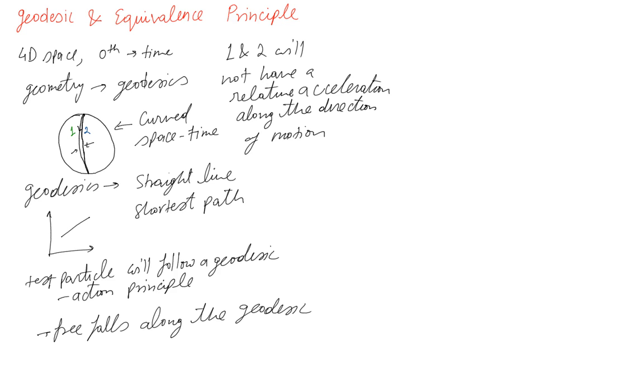One will see 2 on its left or right, and 2 will see 1 on its left or right, vice versa. And this is because of the equivalence principle.